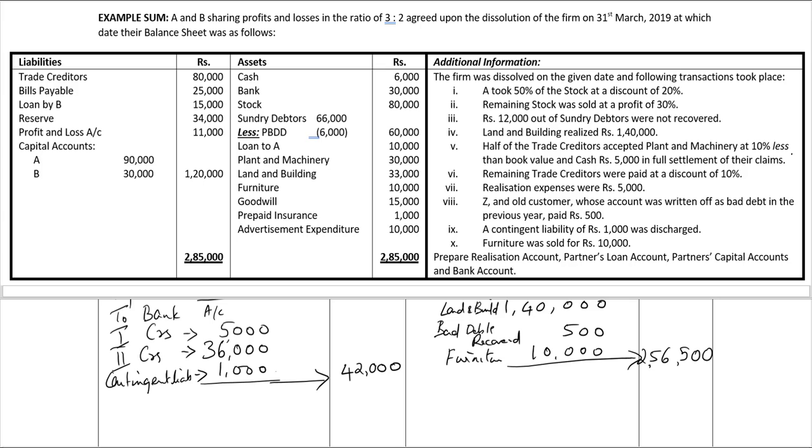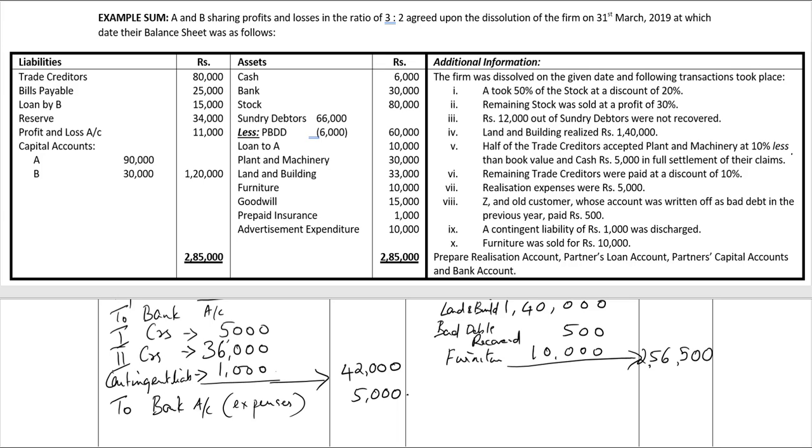Realization expenses as per the seventh point, 5,000 rupees borne by firm, paid by firm. So to bank account for expenses 5,000 rupees. All the entries are done. Let's check if all the external liabilities have been paid off.